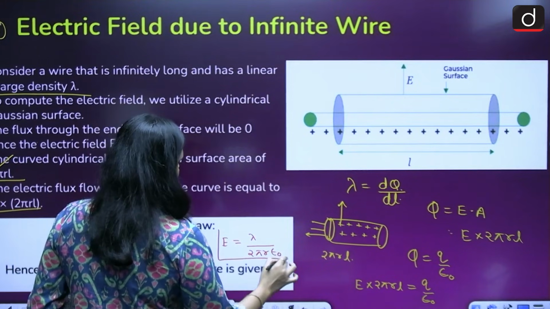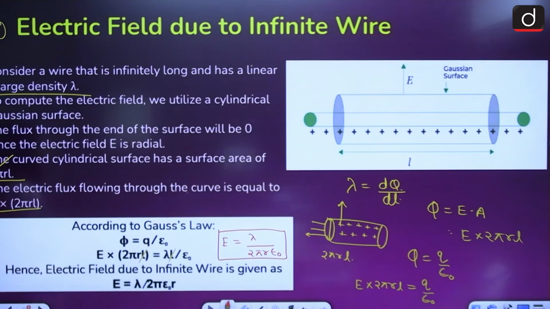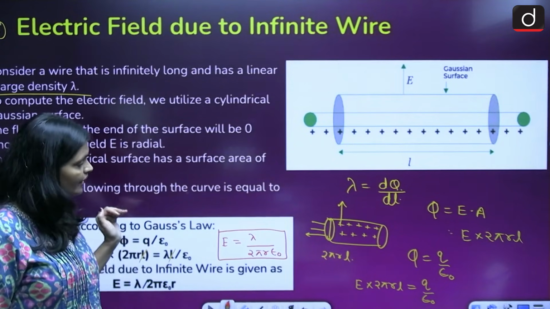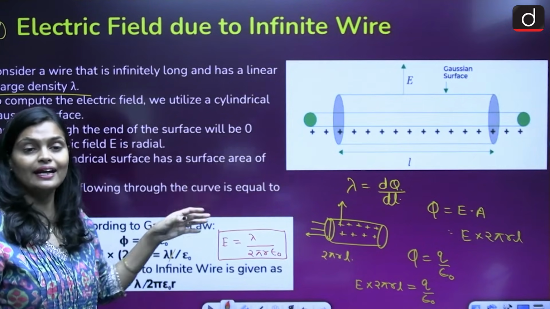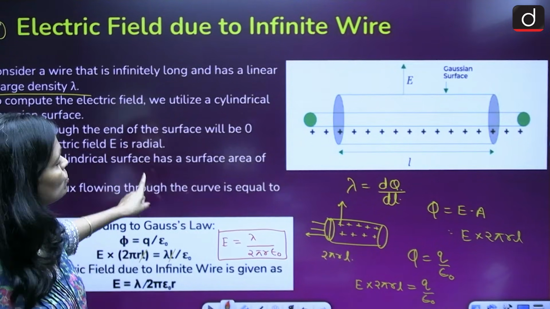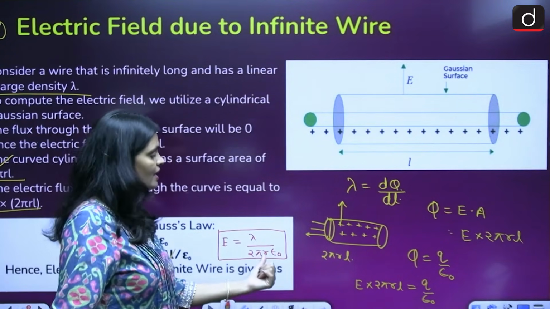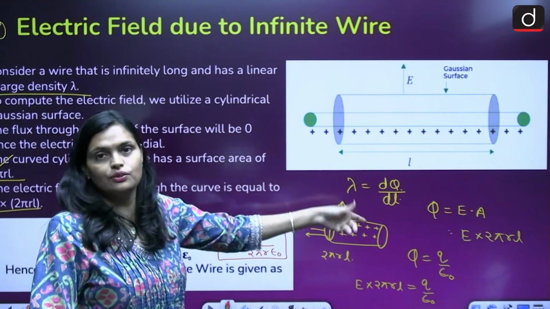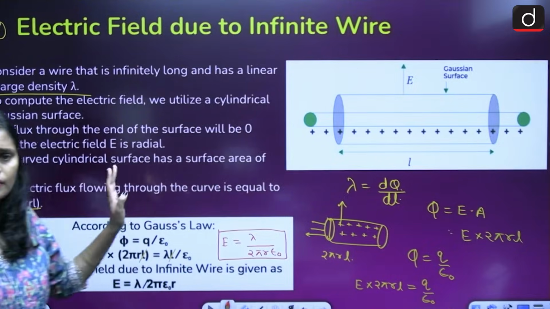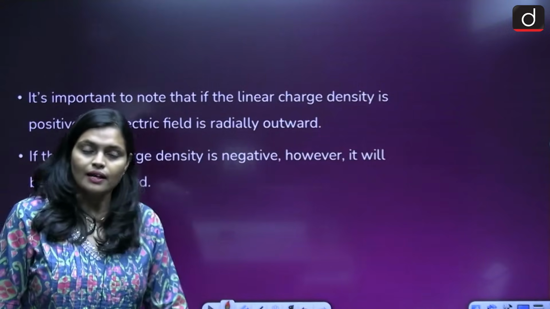So this is the electric field due to infinitely straight wire. तो एक infinite straight wire के लिए if you want to calculate the electric field, you can use this formula lambda by 2 pi R epsilon naught, and lambda is what, dq by dl, you know that, okay. So this is the electric field due to infinitely long wire. Am I clear, everyone?